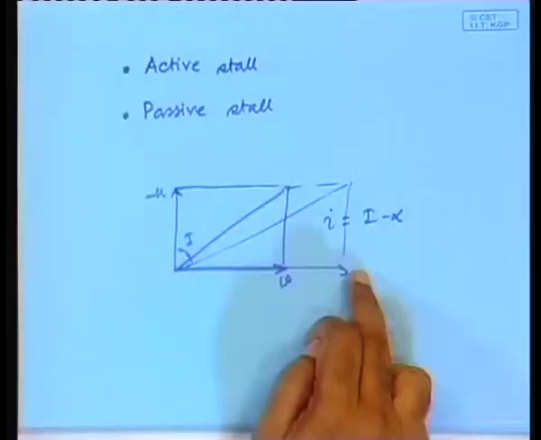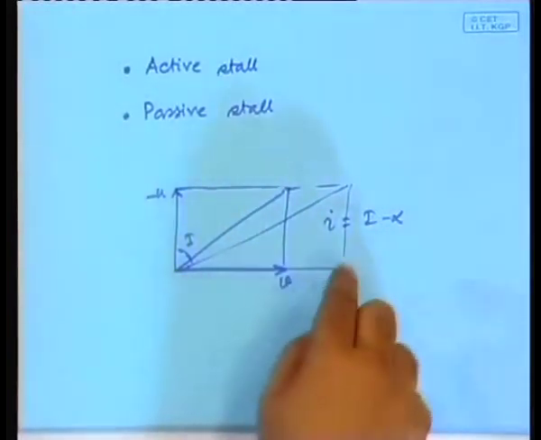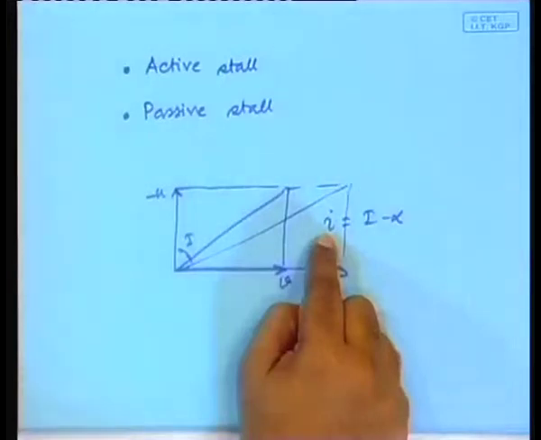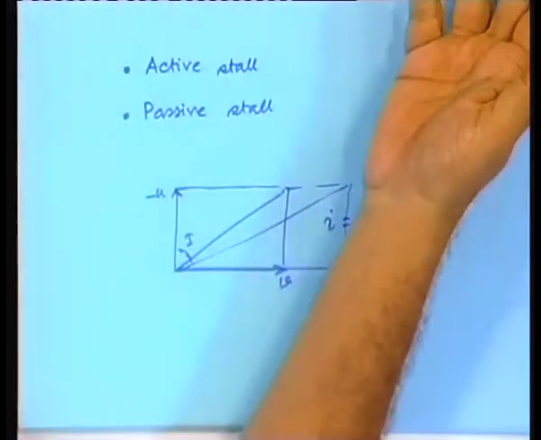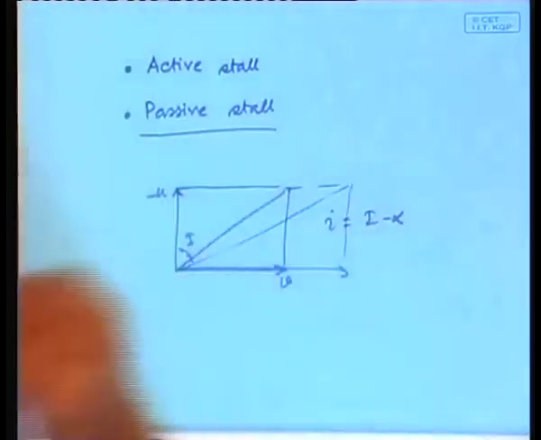Clear? That means at the design stage of the blade itself, this whole logic can be built into it, so that as the wind speed increases beyond the rated value, the I changes such that the power output falls. That is called the passive stall.